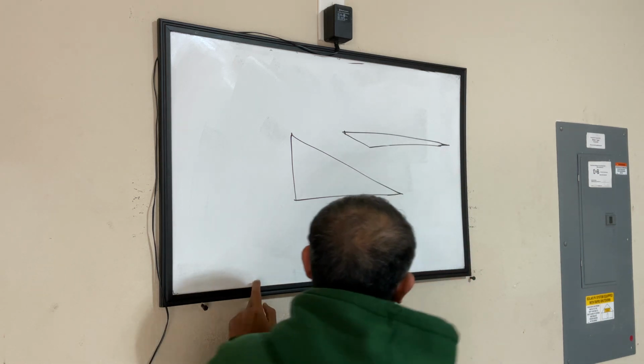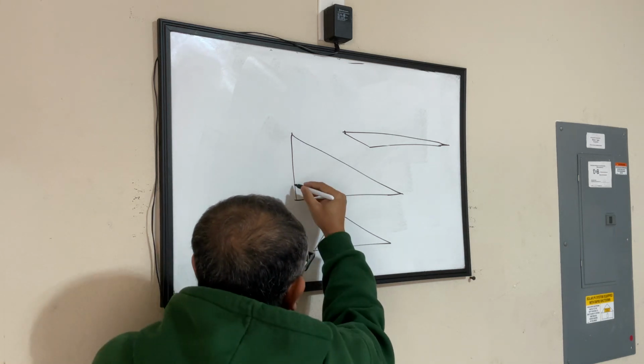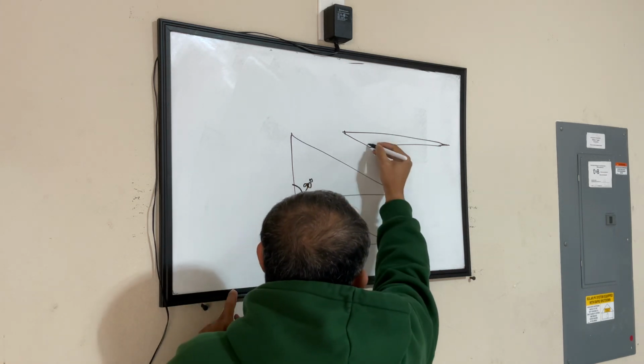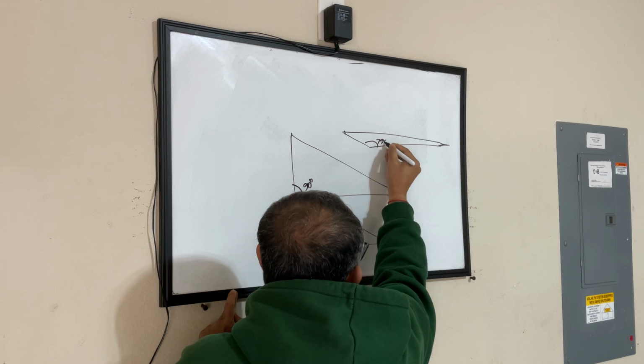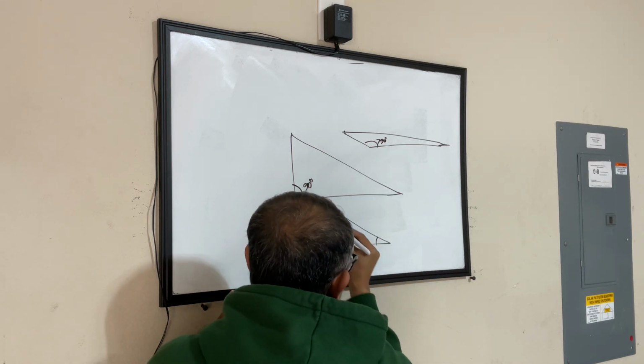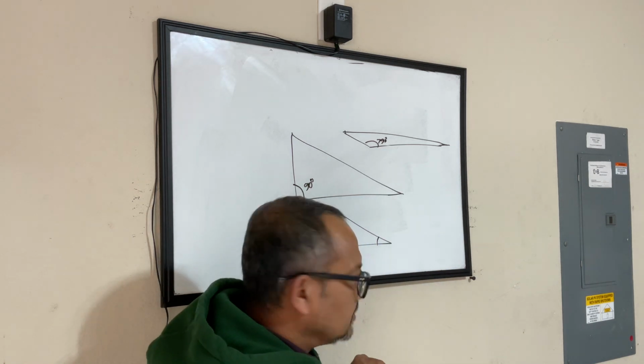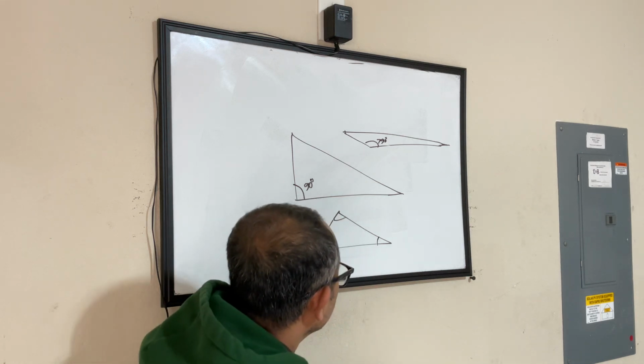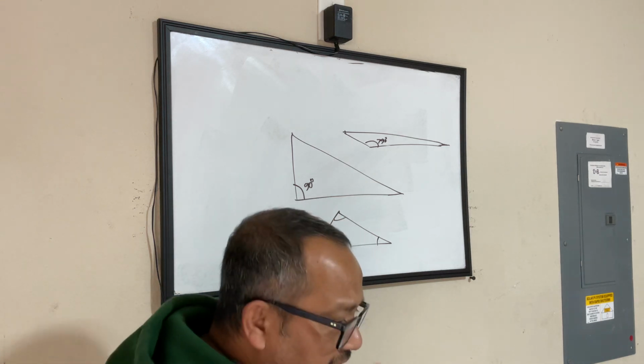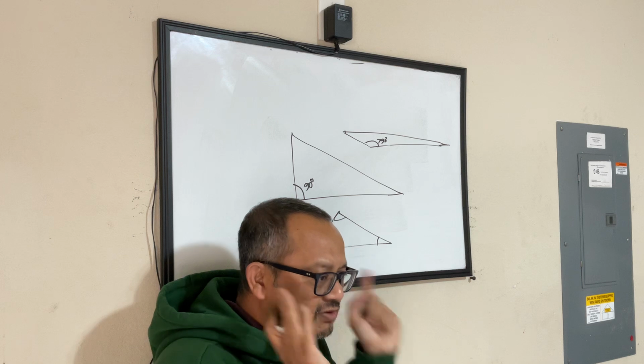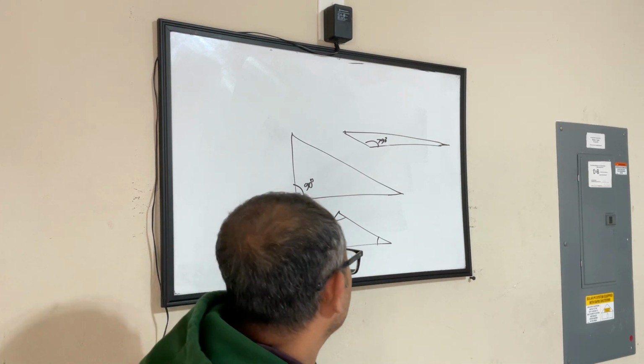This one is a right angle triangle. This is an obtuse angle triangle, and this is probably an acute angle triangle, assuming this is not 90 degrees. Now, if you look at it carefully, just look at the visual part of it. There is no math involved here.